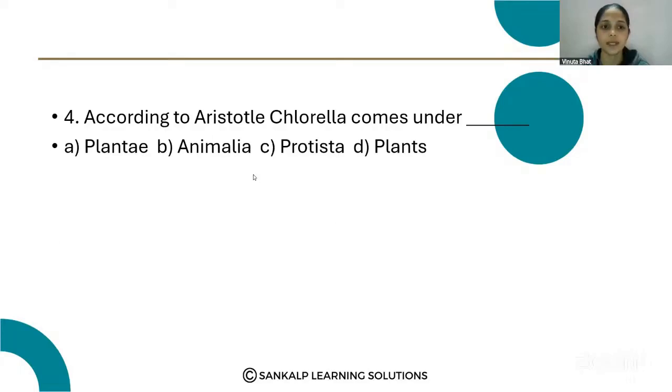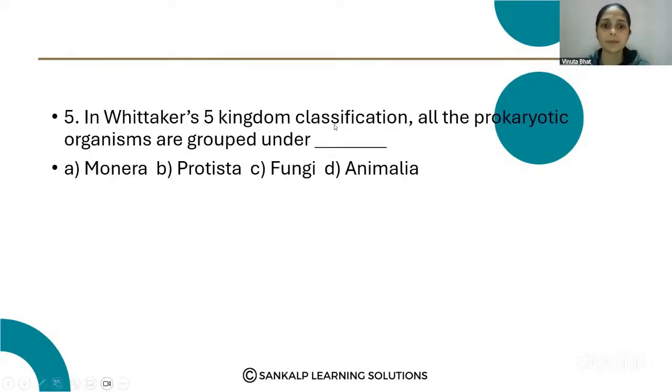Next question. In Whittaker's five kingdom classification, all the prokaryotic organisms are grouped under: option A Monera, option B Protista, option C fungi, option D Animalia.